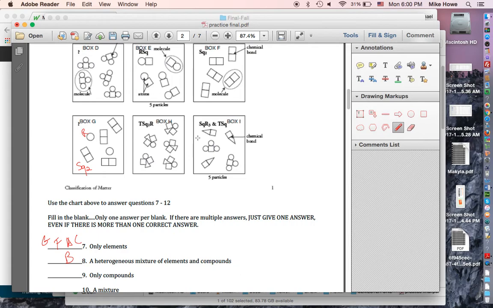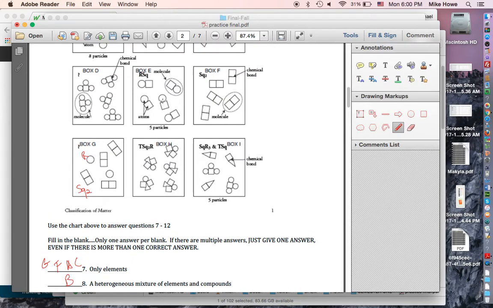Only compounds, several of them, because box H has compounds. That's a 4-atom molecule, so that's a compound. There's a 2-atom molecule and a 4-atom molecule, both of which are compounds. This says only compounds, so H and I work. E works. Those are all different, chemically combined two atoms. That's a compound.